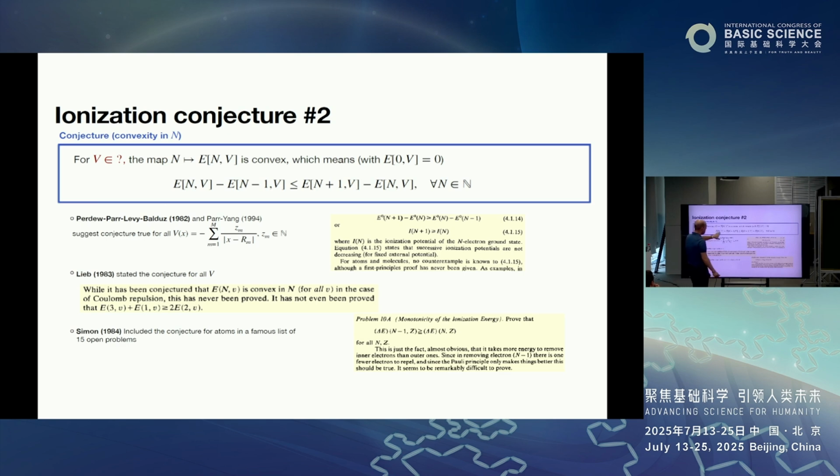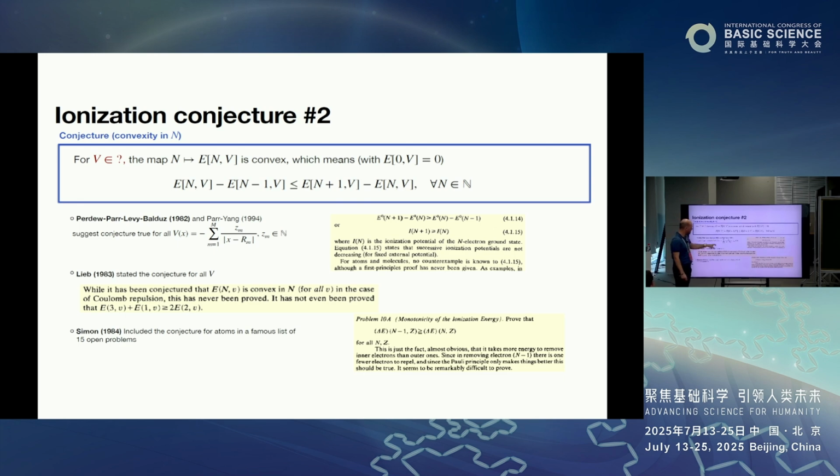And so for any nice potential V, we want to show that this function is convex in n, with the convention that if you have 0 electrons, then the energy is equal to 0. The first time this conjecture appeared was in a paper by Perdew, Parr, Levy, and Balduz.